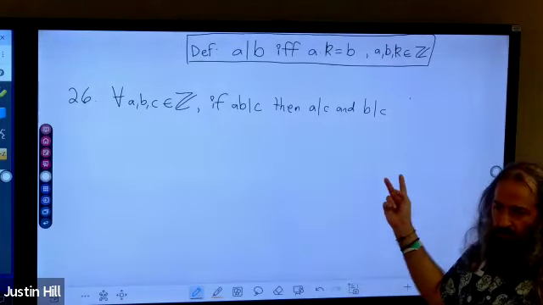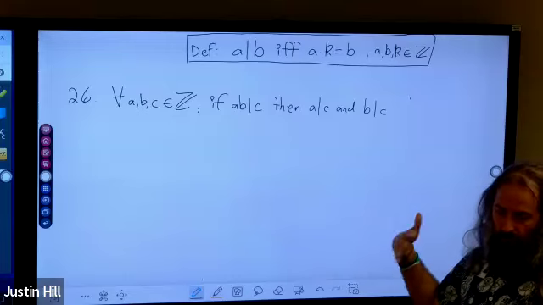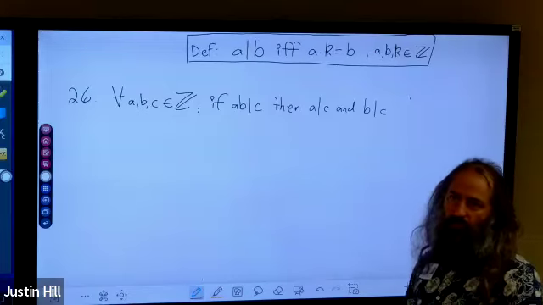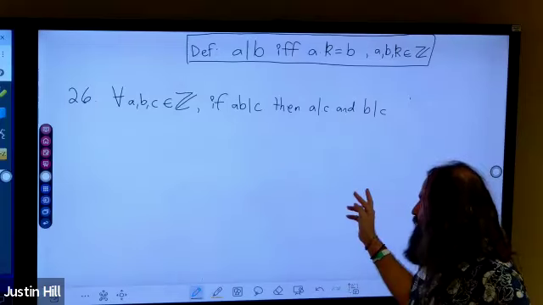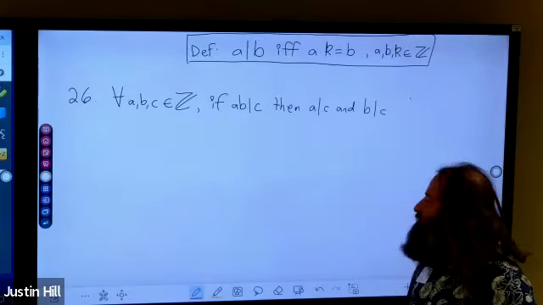So this is the converse. Again, now that we have some experience with 25, trying to understand what that meant, let's retranslate this. So what are they trying to say here?